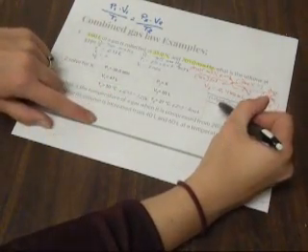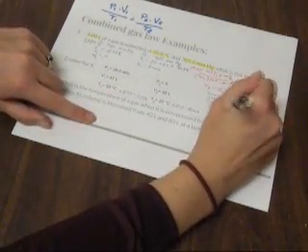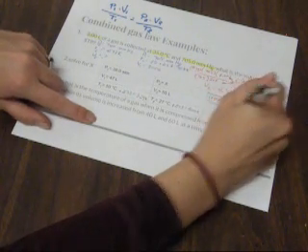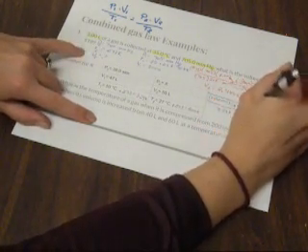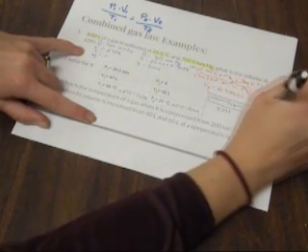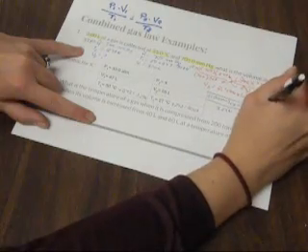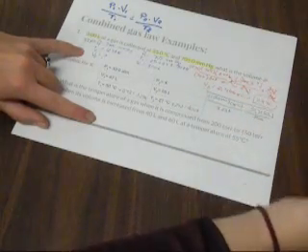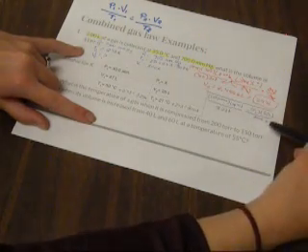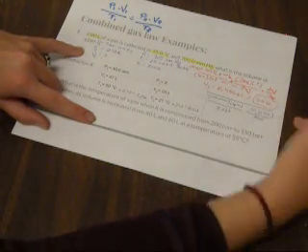So 30.0 ATM times 47 liters over 323K equals P2 times 55 liters over 300K. We're going to do the same thing where we multiply and divide these two.